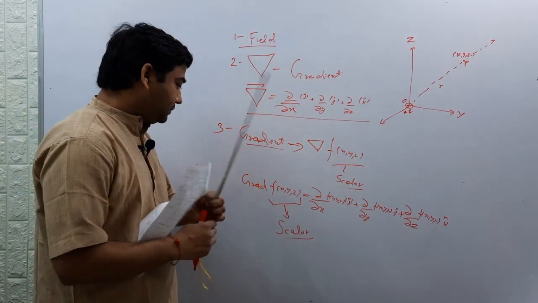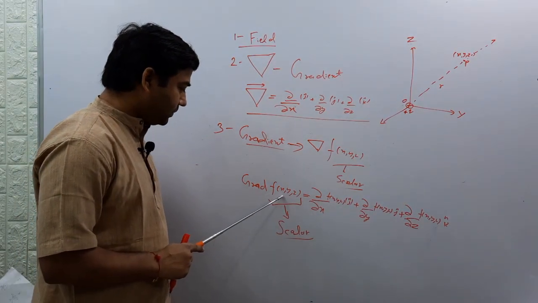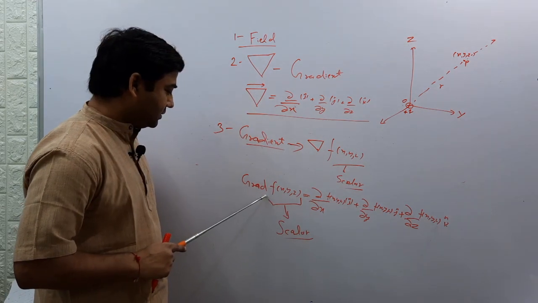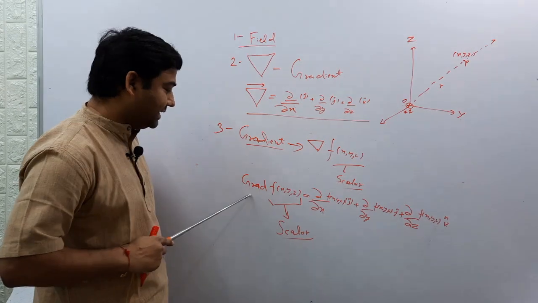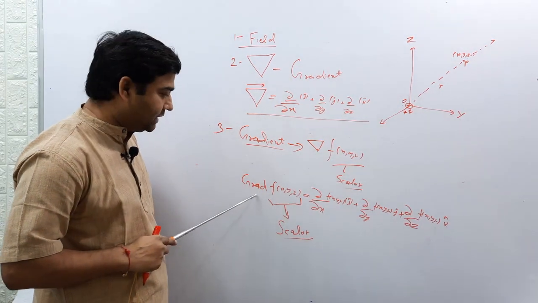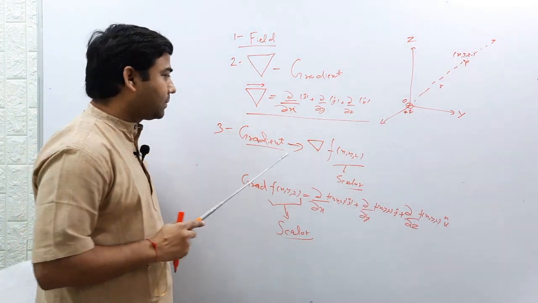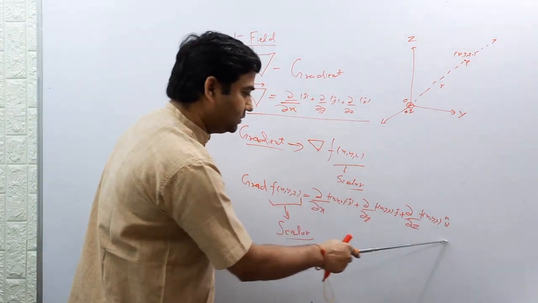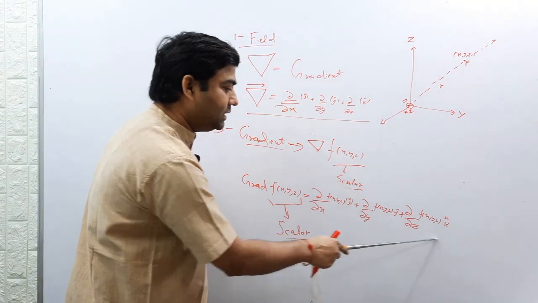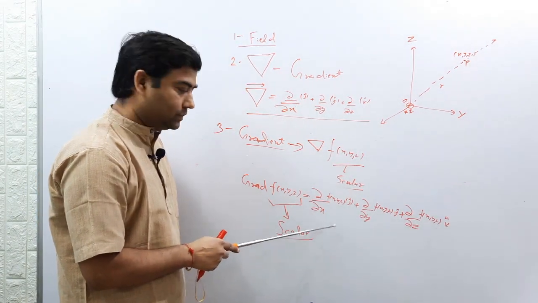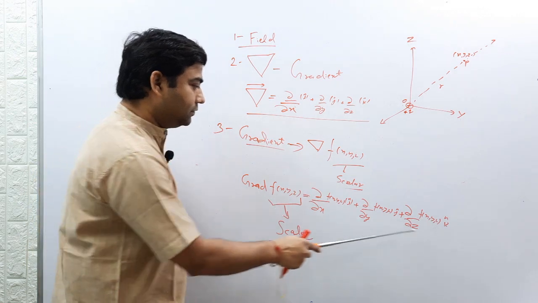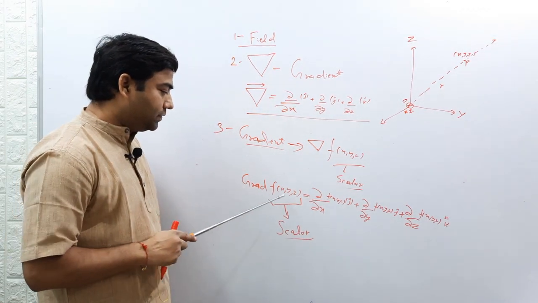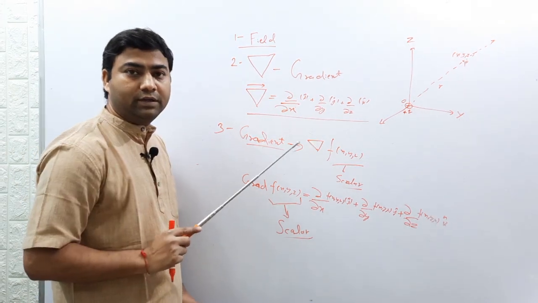So you can see this was a scalar function. When we used the del operator to find the gradient of this function, we got a vector field. From a scalar field we have found a vector field. So we can say the gradient of a scalar function is a vector field.